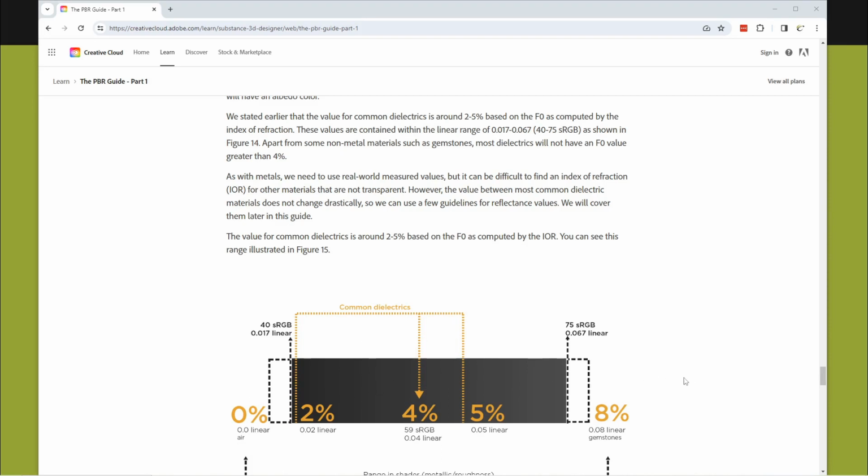This diagram shows that range, with 4% being a common number built into the PBR workflow. That would be somewhere around 59 in sRGB, or standard RGB.